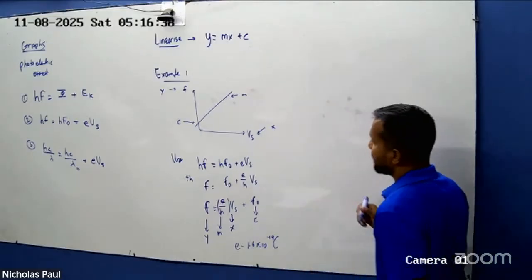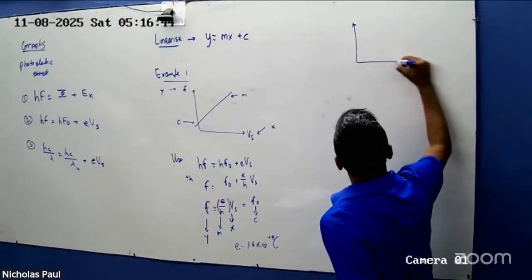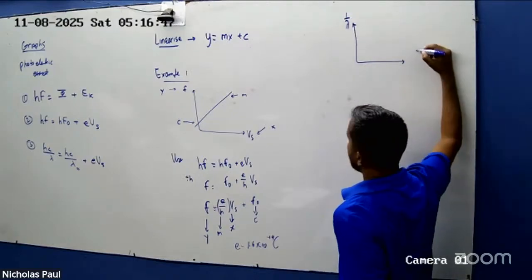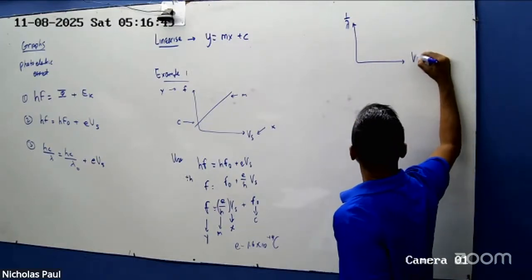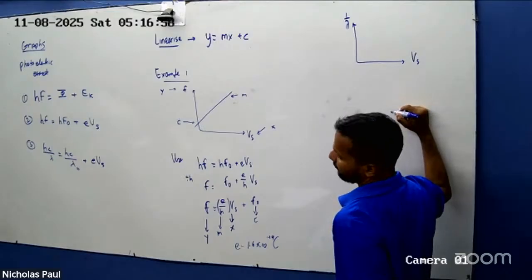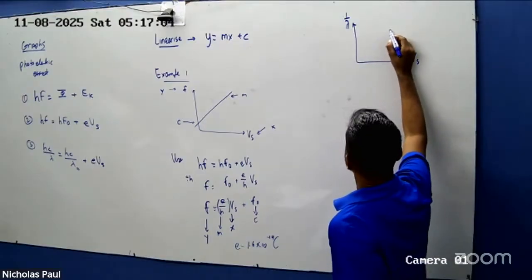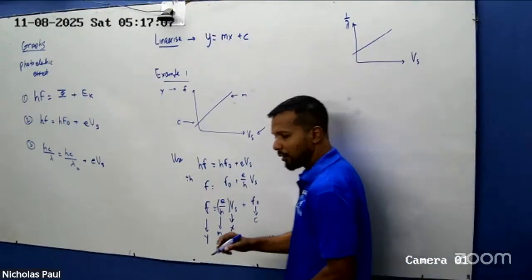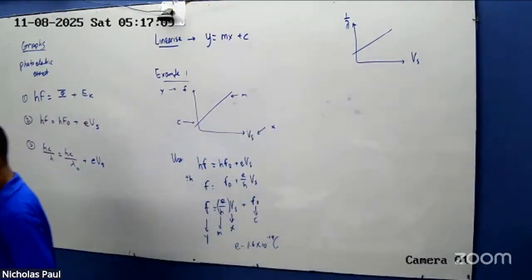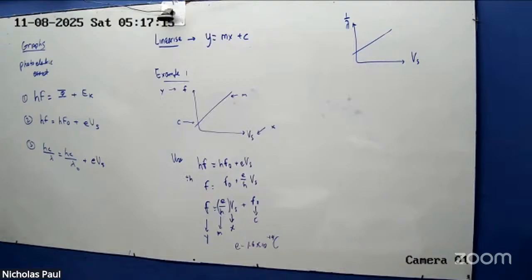So you have different versions. Try this one here: 1 on lambda versus Vs. Try number 2 there.